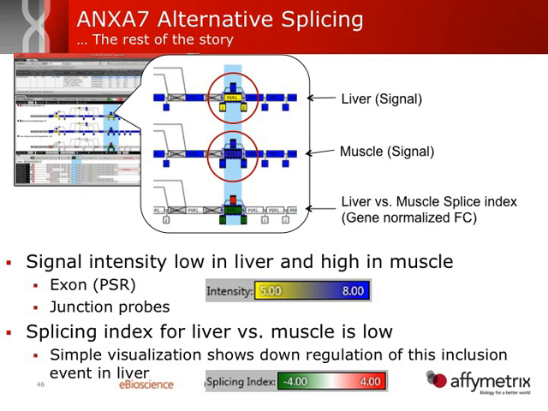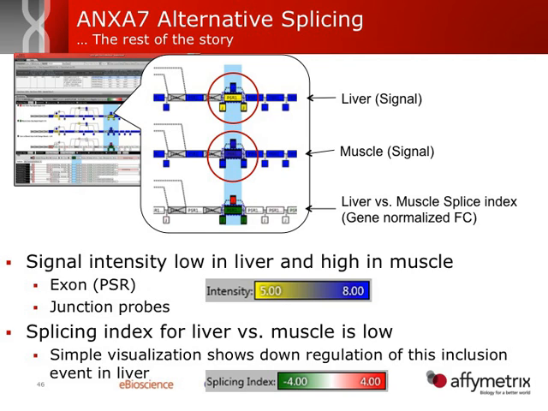Now, if you don't believe me, you can look at the actual signal from each condition separately. So this is the liver signal here at the top, and this is the muscle signal here at the bottom. The yellow indicates that it's downregulated, and the blue indicates that it's upregulated or being highly expressed. And you can see that in liver, this exon is not being expressed at a very high level, and the junction probe sets are telling us the same story.